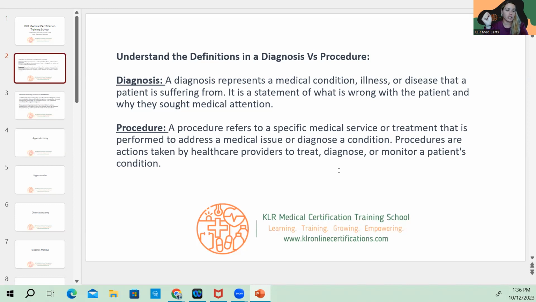A procedure, which could also be called a treatment, refers to a specific medical service or treatment that is performed to address a medical issue or diagnose a condition. Procedures are actions taken by healthcare providers to treat, diagnose, or monitor a patient's condition. The two are very different, and it's important to understand these differences.